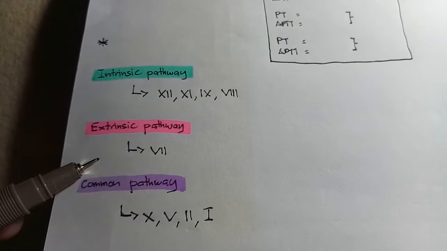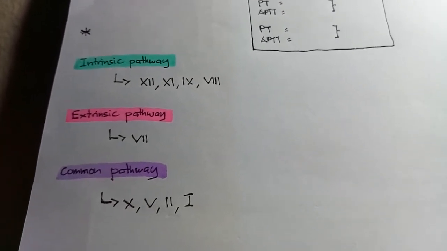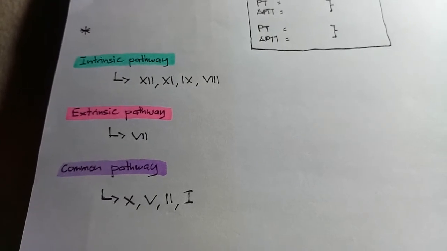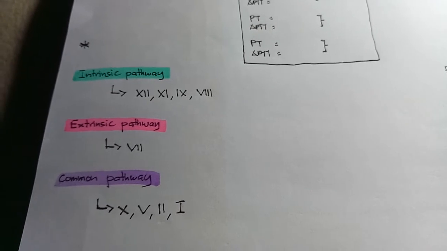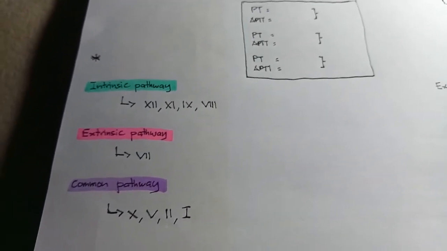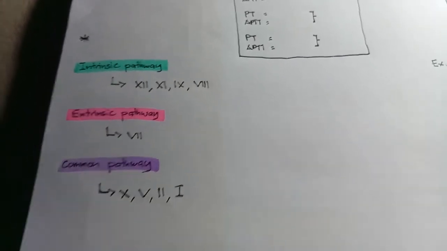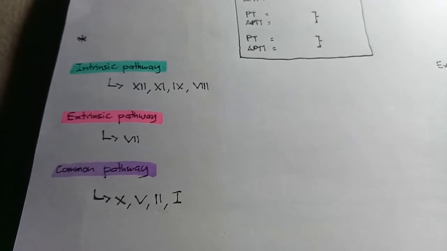Next is the extrinsic pathway. The extrinsic pathway includes your factor 7. I did not include factor 3 or tissue factor because our body is made up of different types of tissues, and these tissues will produce factor 3. In other words, you will never run out of factor 3.